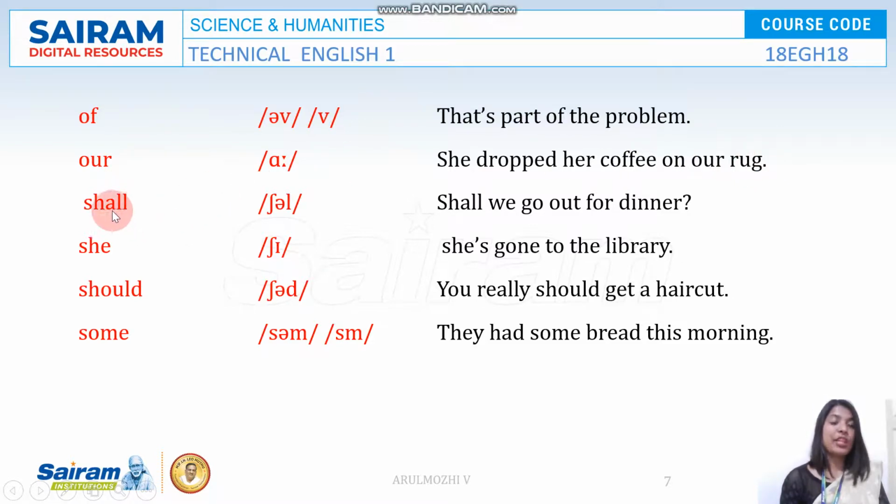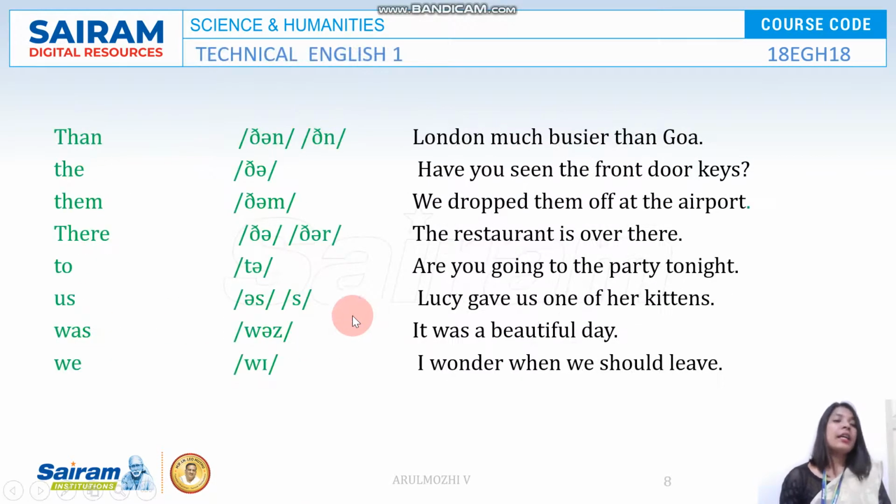Next one. Shall becomes weak shall. Shall we go for dinner? She becomes weak she. She's gone. She's gone. Should becomes weak should. Some becomes weak some. Sometimes some. Next. Than becomes weak than.